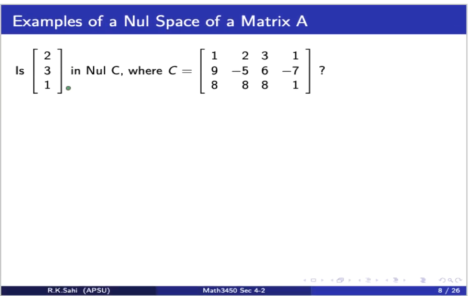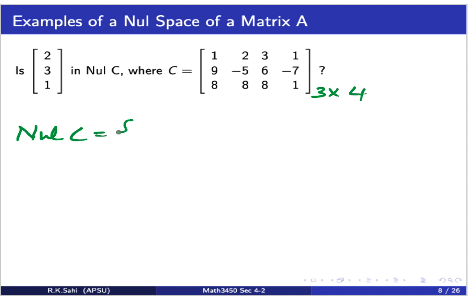Here we have a vector, a 3 by 1, which is 2, 3, 1, and we have a matrix C. You want to know, is this vector 2, 3, 1 in the null space of C, where matrix C is a 3 by 4 matrix. Okay, that's the size of the matrix. So remember once again, if this vector is in the null space of C, what does that mean?